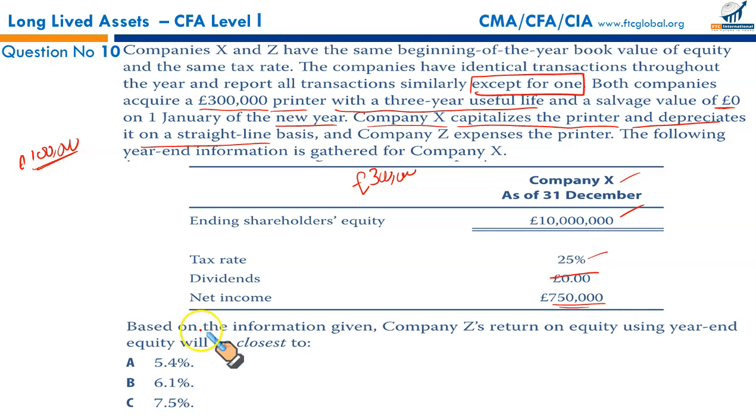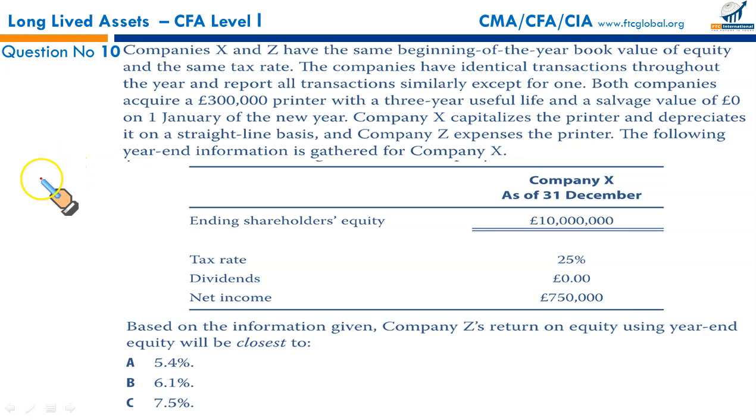What do we need? Based on the information given, Company Z's return on equity using the year-end equity will be closest to what? Since we have been given data for Company X, we have to use this data and extract the relevant data for Company Z to calculate the return on closing equity.